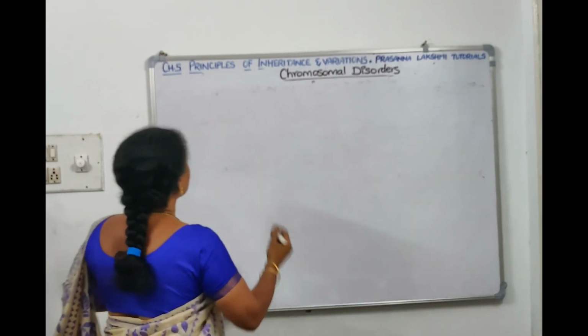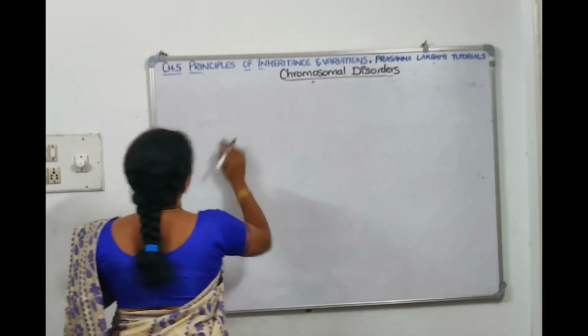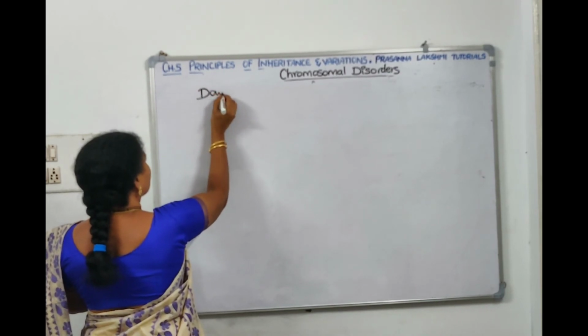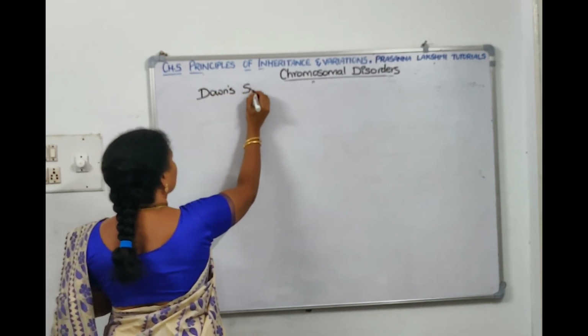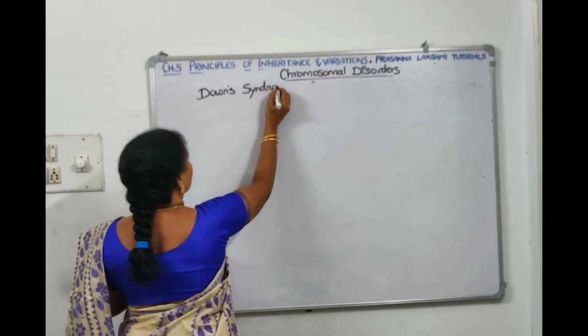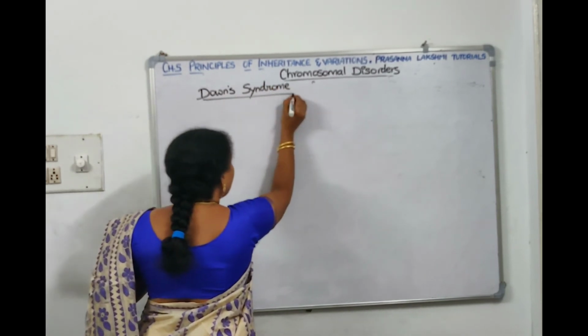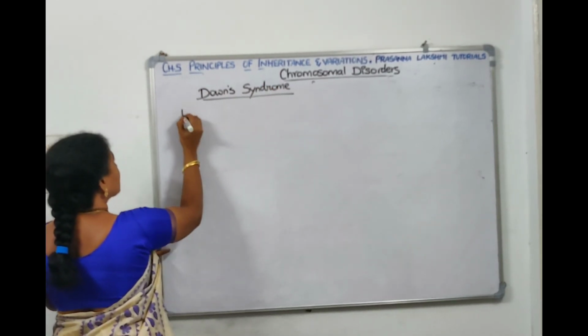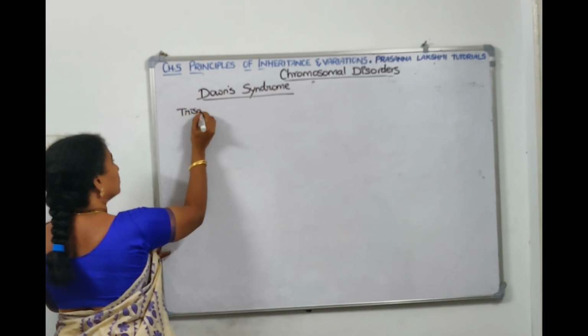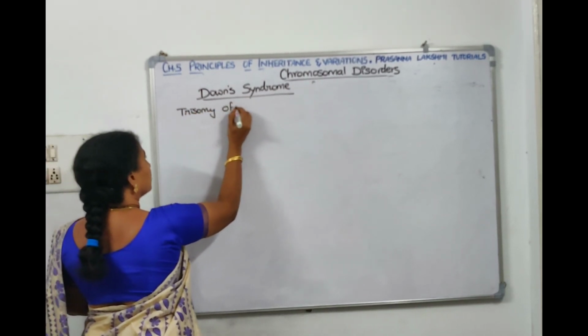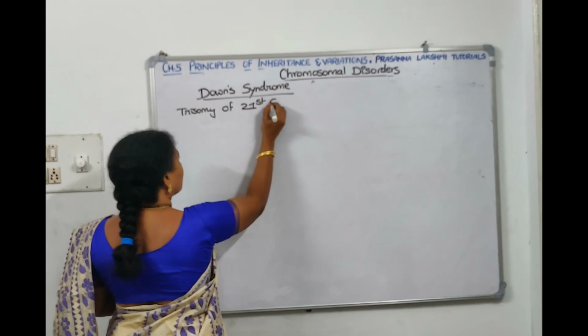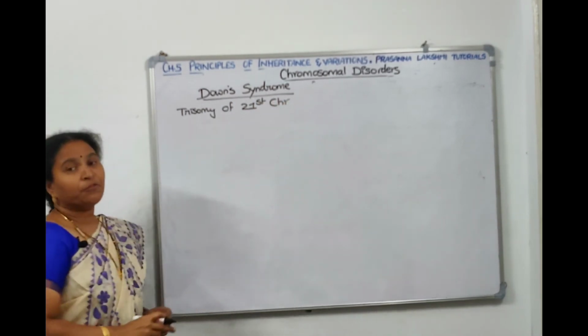The first one is Down syndrome. It is trisomy of 21st chromosome.